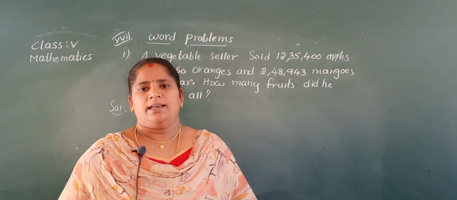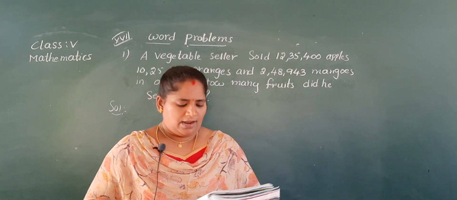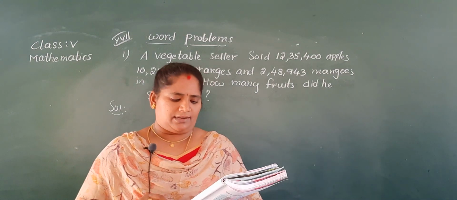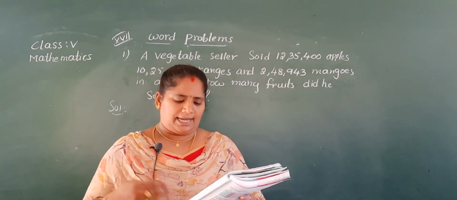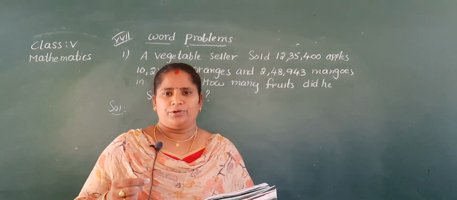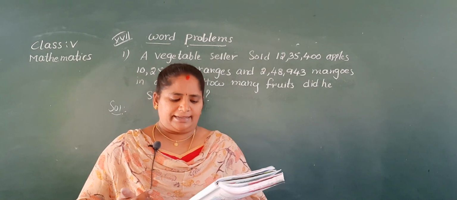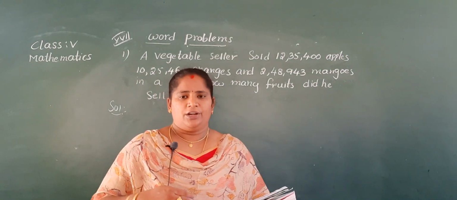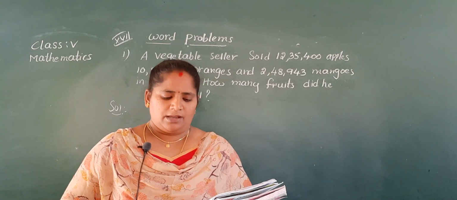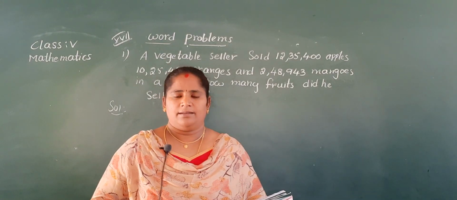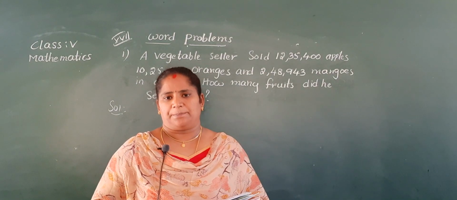And what are the keywords for subtraction? How many more, how many less, how much more, fewer, remain, left, take away, decreased by, taller or shorter, less than. So these are all the keywords for subtraction.